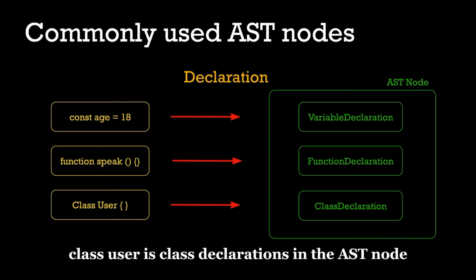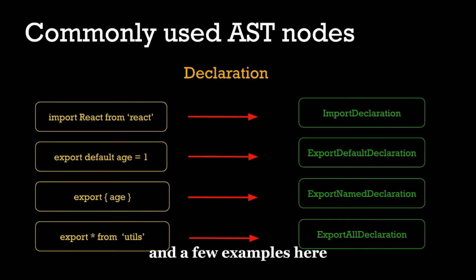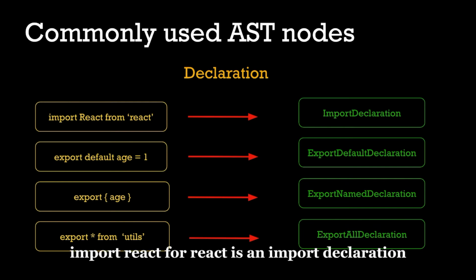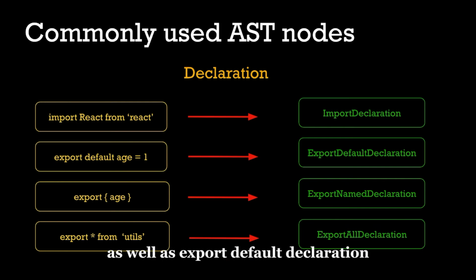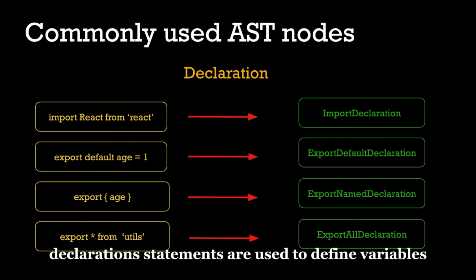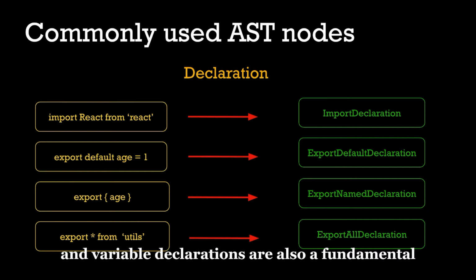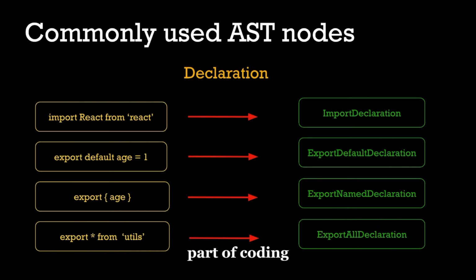Class user, it's a class declaration in the AST node. And a few more examples here. Import React from 'react' is an import declaration, as well as export default declaration, export named declaration, and also export all declaration. Declaration statements are used to define variables, and variable declarations are also a fundamental part of coding.